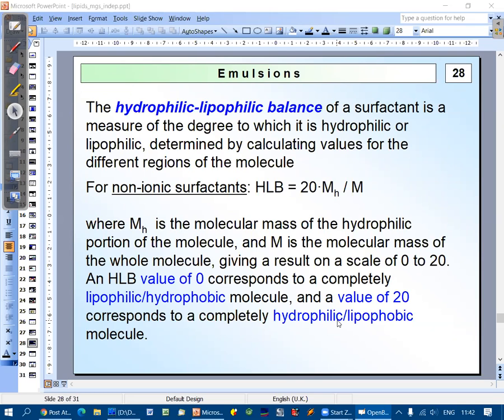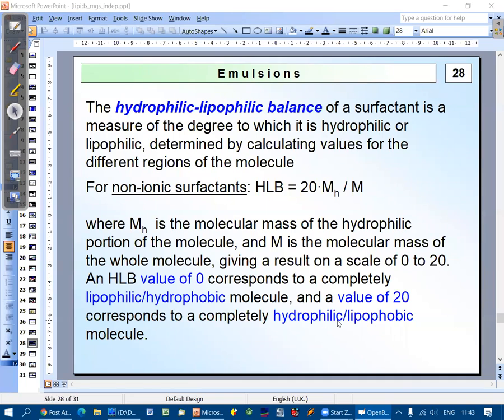But if a surfactant is hydrophilic, it will penetrate into droplets of water, but won't be able to penetrate inside droplets of oil.